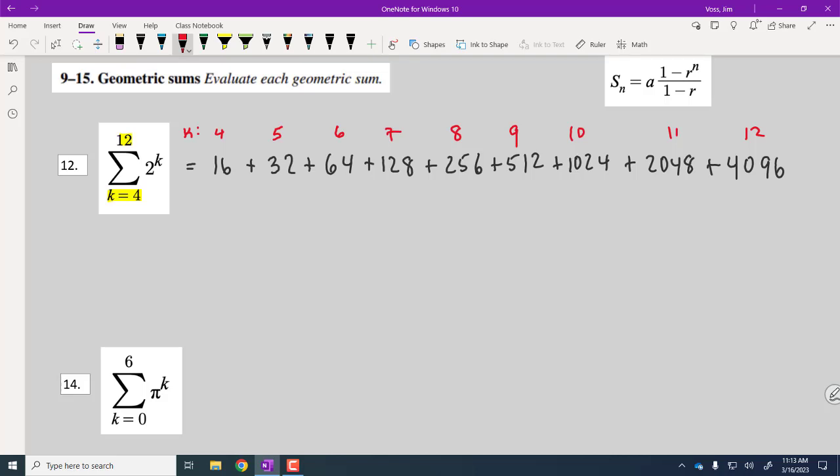So we do the upper minus the lower and add 1. That will always give us the number of terms if we have a finite series. So we'll do 12 minus 4 plus 1. That's going to be 9, the number of terms in the series.